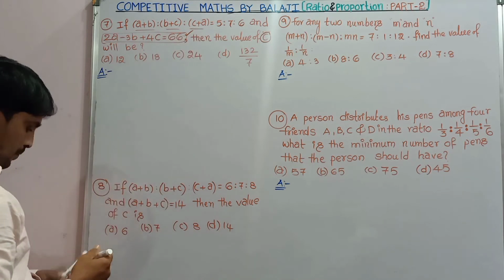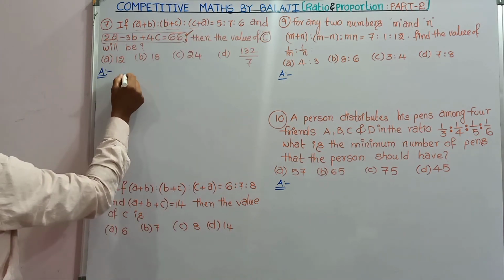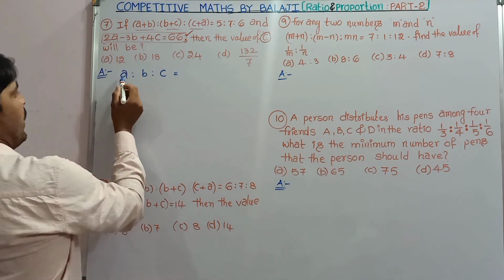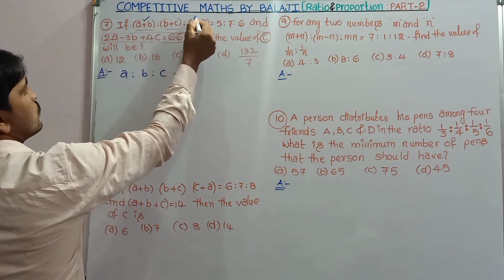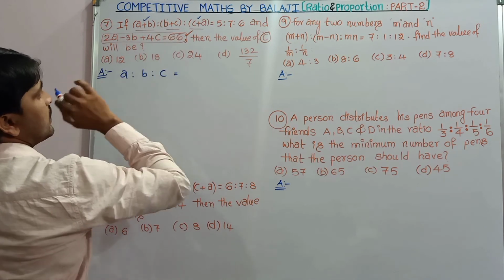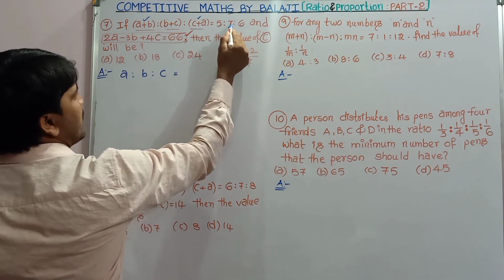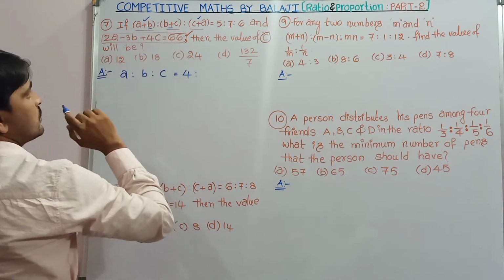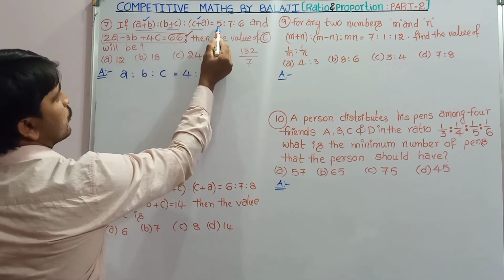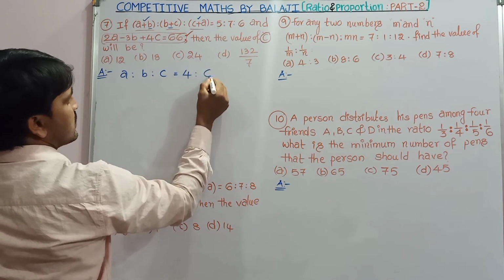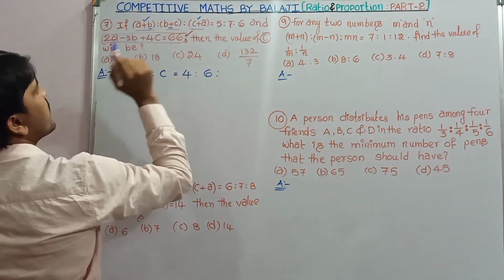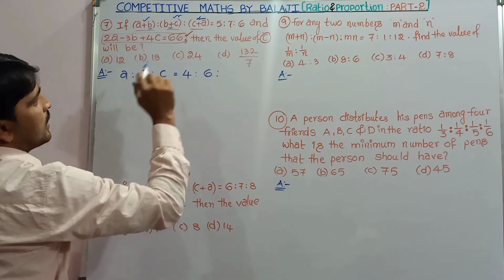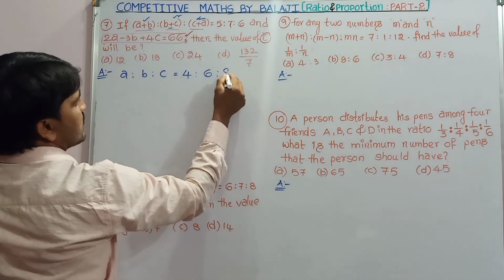Directly we have to get A : B : C. To get the value of A, add these two terms and subtract the remaining term: 5 + 6 = 11, minus 7, that is 4. To get B, add these two terms, subtract the third term: 5 + 7 = 12, minus 6, that is 6. To get C, add these two terms and subtract the first term: 7 + 6 = 13, minus 5, that is 8.